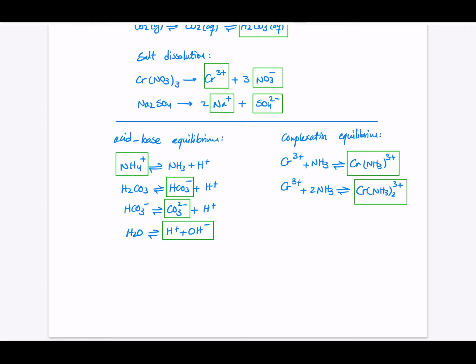And also chromium 3 plus can complex with sulfate, again based on the table. This would result in chromium sulfate plus, and this would be the new species.